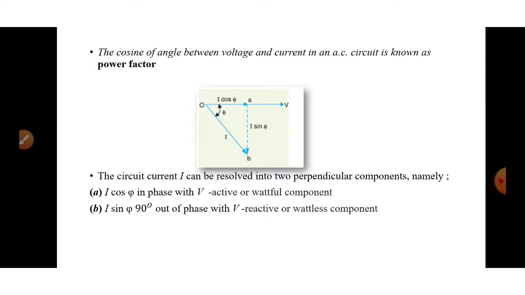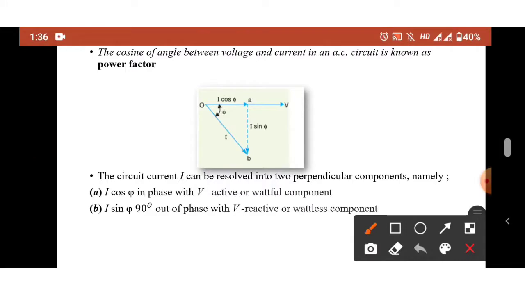So this is the phasor diagram showing an inductive load. Here V is taken as the reference and current I lags behind voltage by an angle phi.